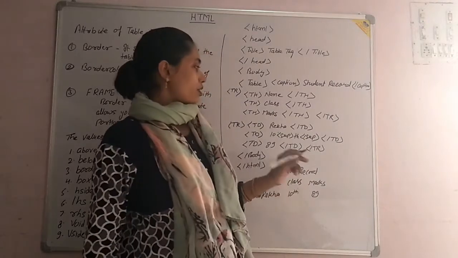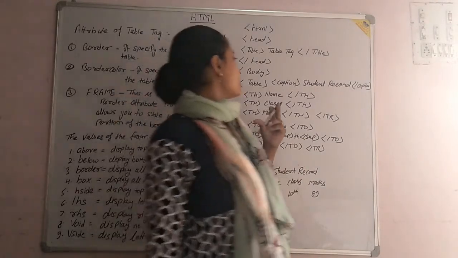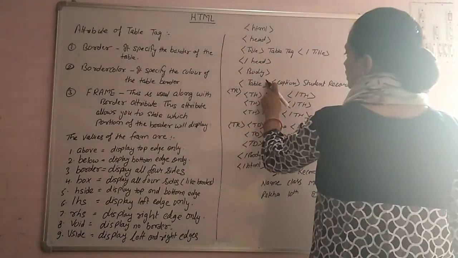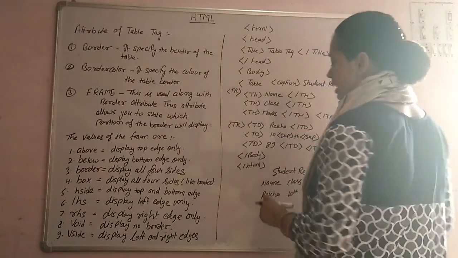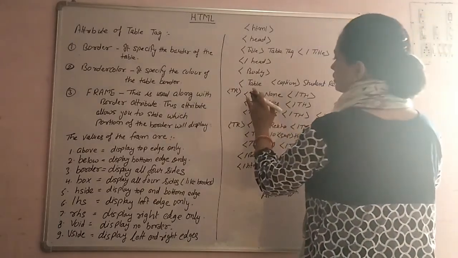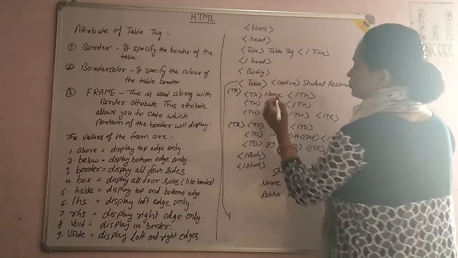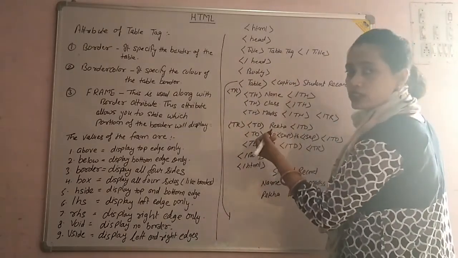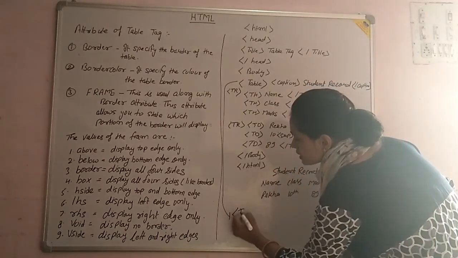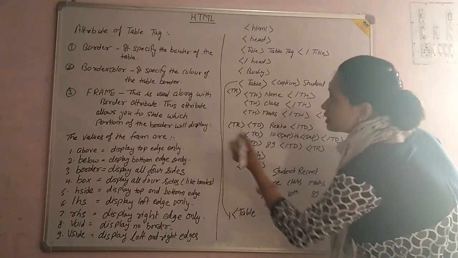Okay, so where will you write these attributes? You will write these attributes in the table starting tag. I am writing this part for understanding here. So how to format your table? You will write in the table starting tag. First I am taking border.